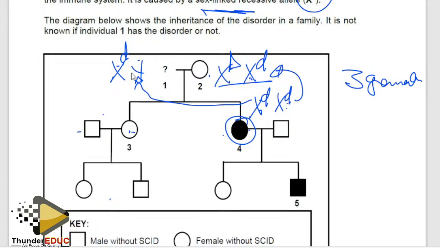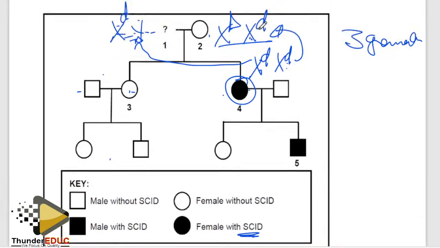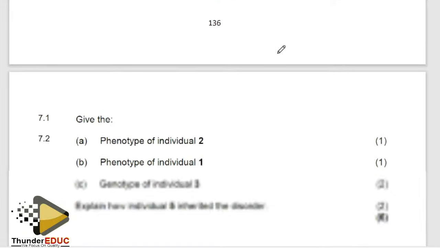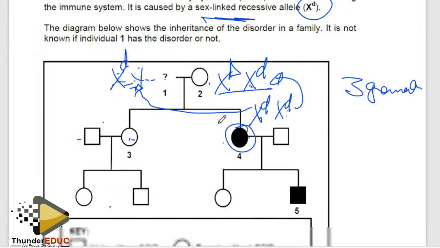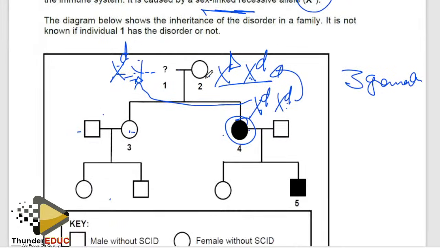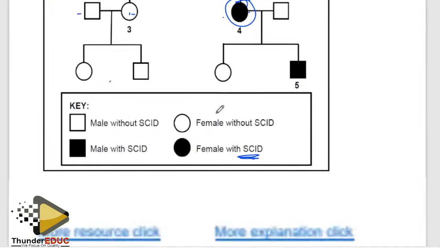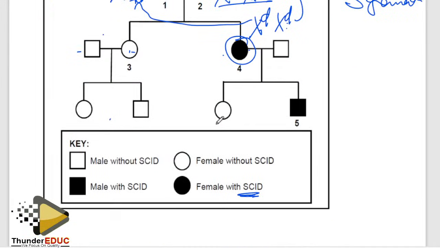How do we identify this? Now let's go to the next question. Identify the phenotype of individual 2. So we have said that this person is normal. A normal male or female?